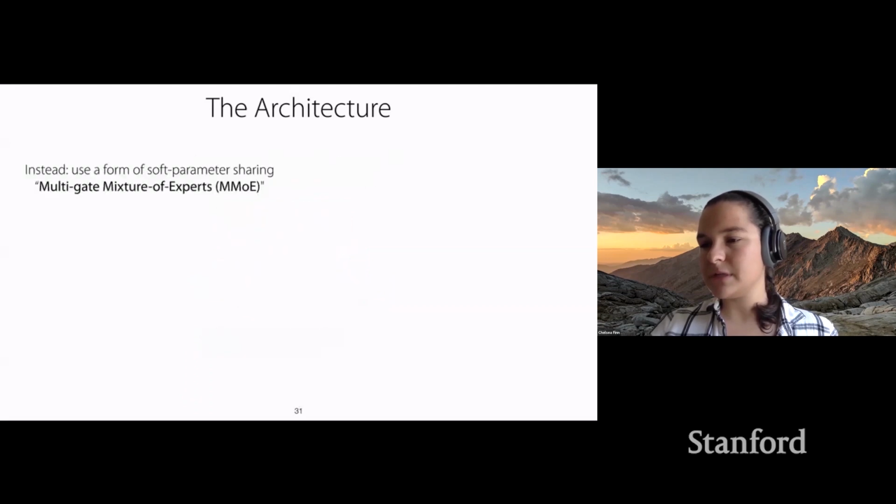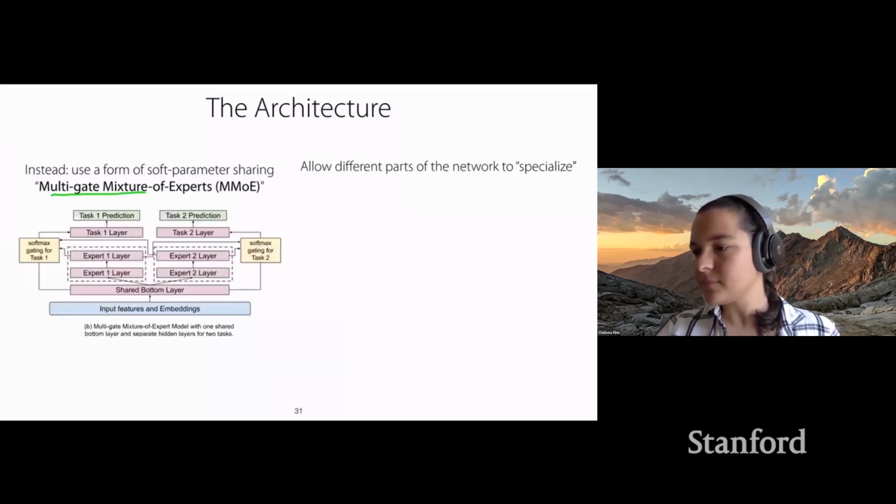So what they proposed in this work was to use a form of soft parameter sharing where they had a mixture of experts that was gated for different tasks. Basically, they wanted to allow different parts of the network to specialize for different subtasks. So they have different expert neural networks that are written here.